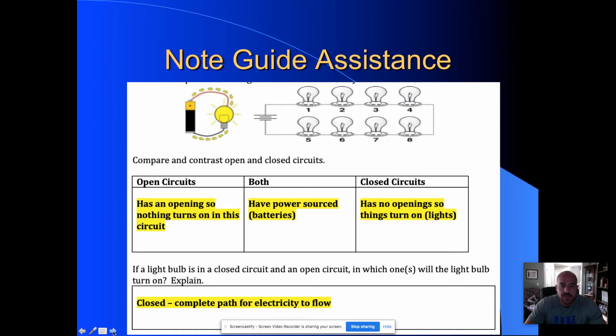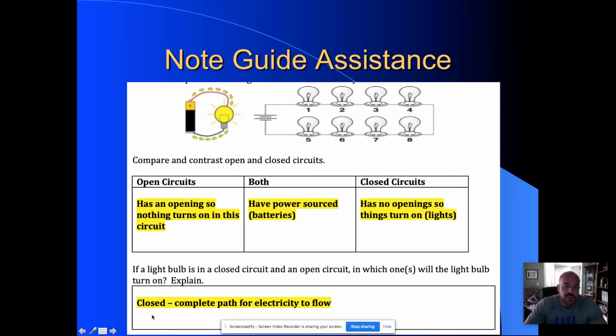Compare and contrast open and closed circuits. Remember, both have to have a power source, somewhere to get the electrons or electricity from. Open circuits, there's some kind of space and opening, so the electricity won't go all the way around the circuit and nothing works like the light bulbs. A closed circuit is a nice complete path, and that will let electricity flow and turn on whatever's connected like a light bulb.